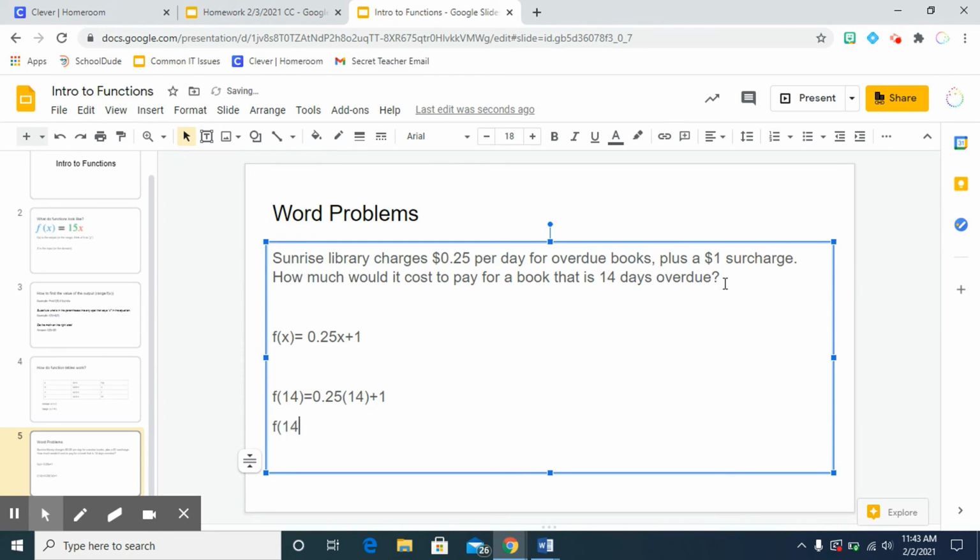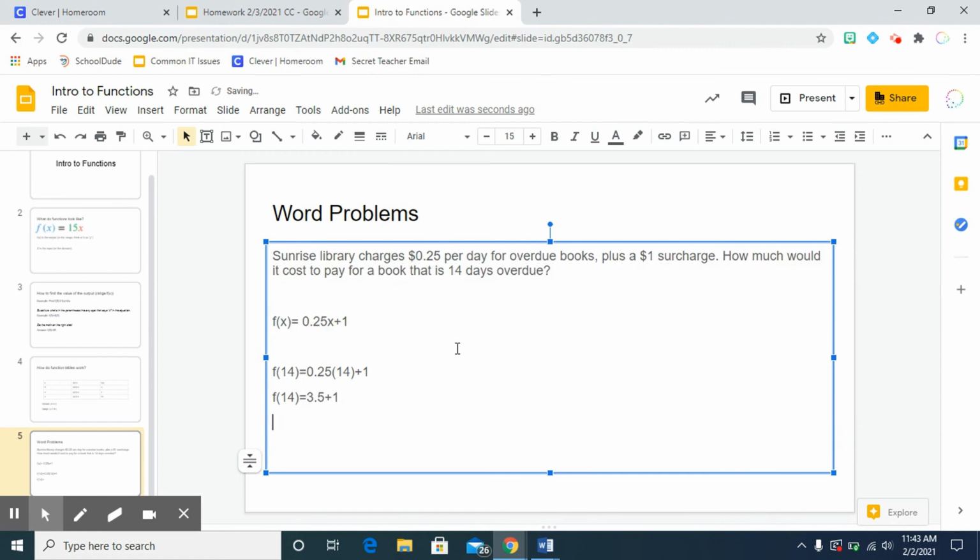That's like f of 14 equals, and then 0.25 times 14 gives us 3.5 plus 1, or f of 14 equals 4.5, which means it's going to cost us $4.50 to pay for a book that is 14 days overdue.